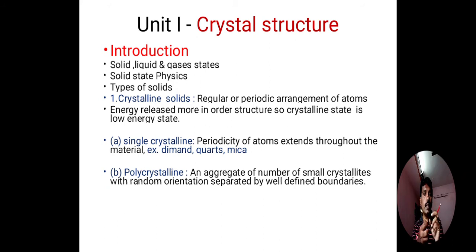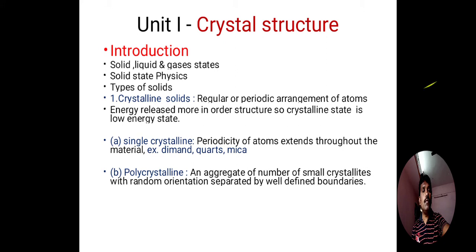It is not fixed that after a triangle a square will come, or after a square a hexagon. It changes randomly. After the triangle there will be a square, after the square there may be a rectangle. All these are continuously and randomly arranged, and such an aggregate in the crystal is called a polycrystalline solid.